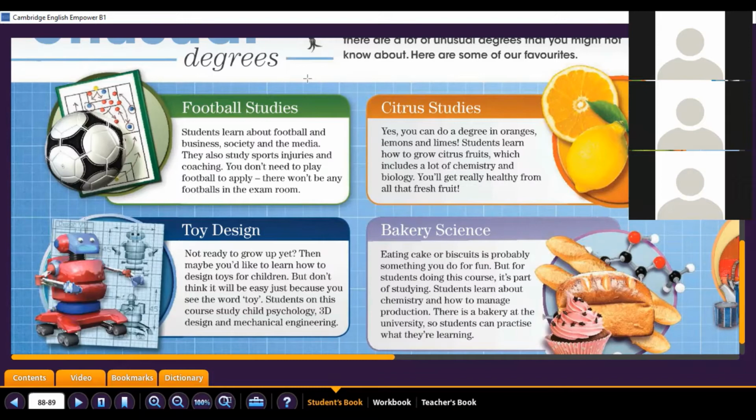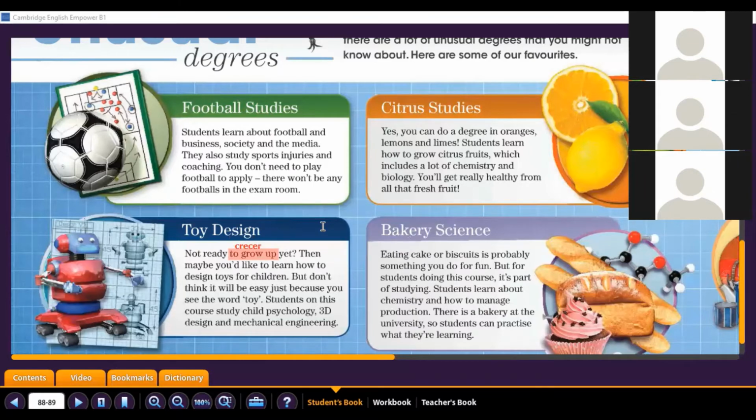Exactly, thank you. So this time, what is the meaning of grow up? ¿Qué significaba grow up? Crecer. Exacto. ¿No están listos aún para crecer? Then you can study this career, right?